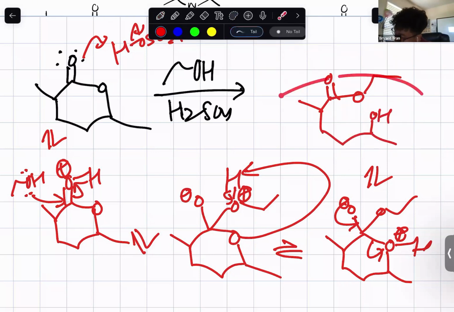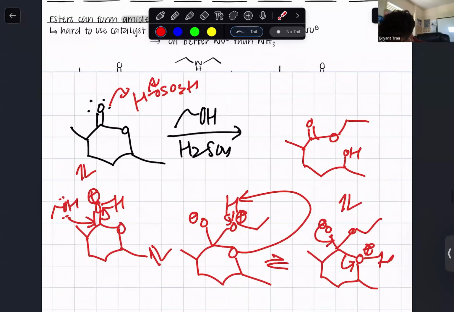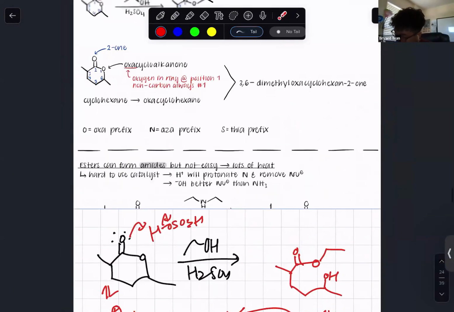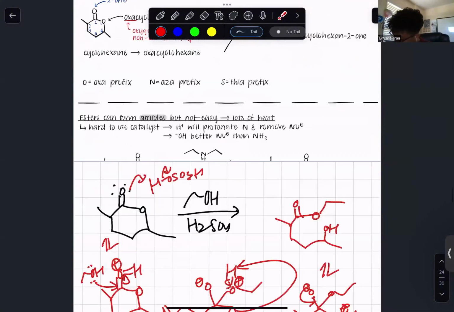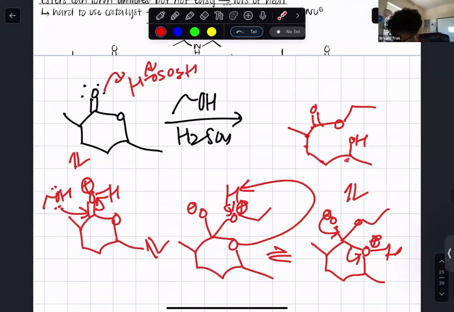Okay, now once I have that, I am done with the mechanism. All right, let me double check. Yeah, that's good. Okay, and that should be this as well. 1, 2, 3, 4, 5. Yep. Okay.